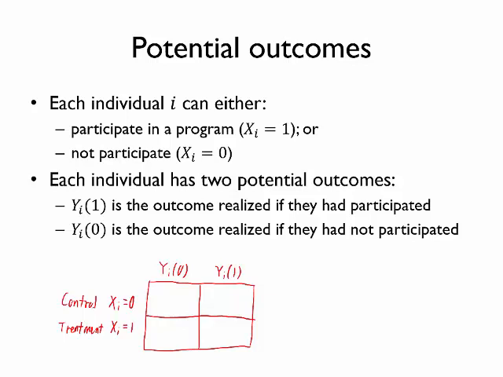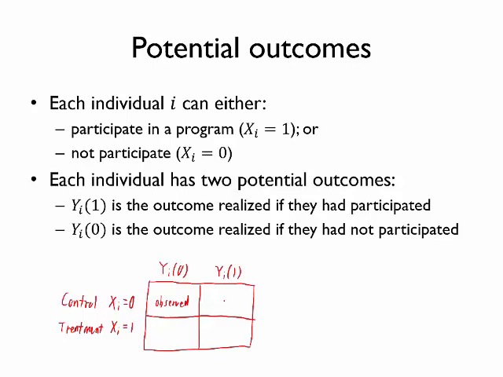For an individual who is in the control group, we should be able to observe their outcome. For example, if an individual is in an in-person class, they are not in an online class, so they're effectively in the control group. We would observe this potential outcome, their test score had they not participated in the online class.